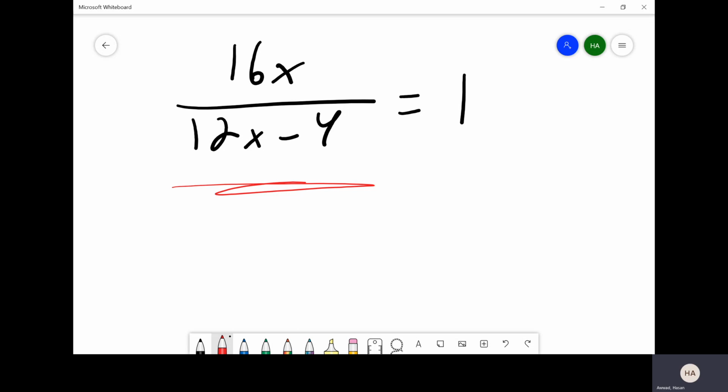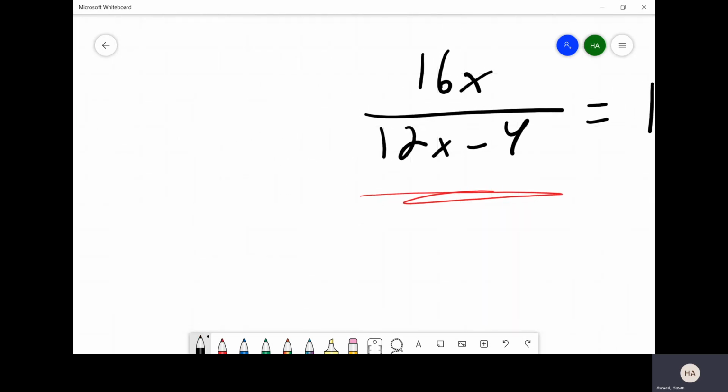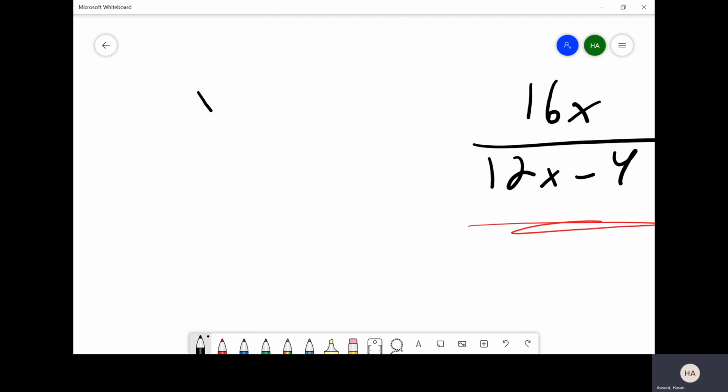So now this is the first time that we've had the variable in the numerator as well, right? But let's look at a really basic fraction. If we have x over 3, does it matter what x is? If we have any negative number and we put it over 3, sure, we get a negative number, but it's still defined. If we have any positive number, it's still a positive number, and that's obviously defined.